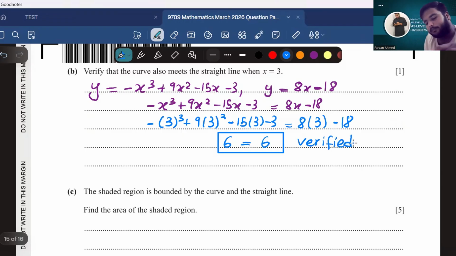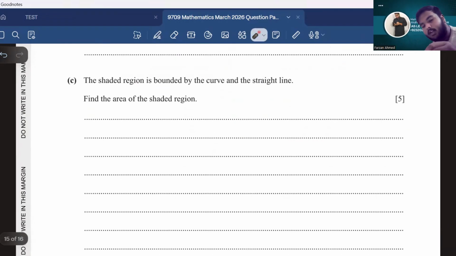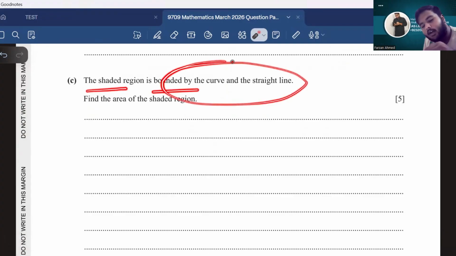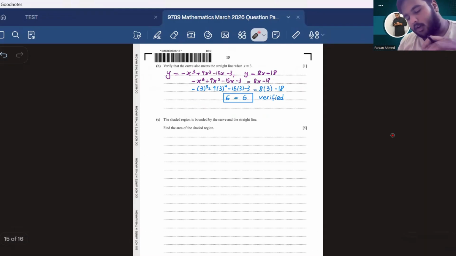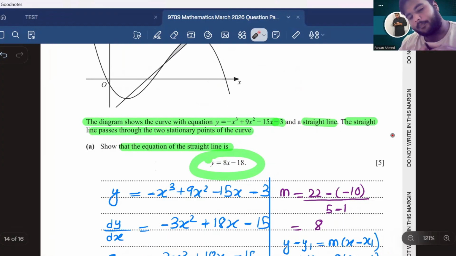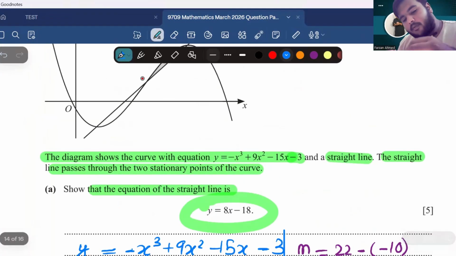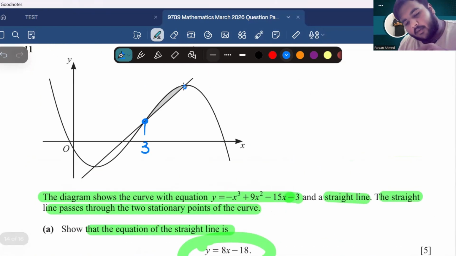Okay. Now, in part C, they are saying the shaded region is bounded by the curve and the straight line. What will we do in this? We will put it on the diagram. We have one coordinate here, which is 3, and here we have 5.